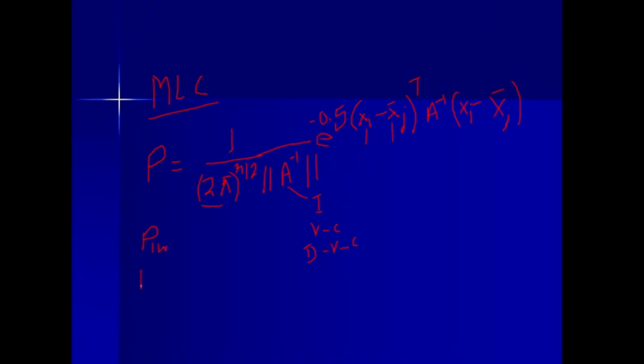Then for agriculture you can get P1 for agriculture, and then for the first pixel for class forest. So you get the probability of 3 classes, water, agriculture, and forest, for pixel 1, and whichever probability is maximum, that label is given. Please remember, we are calculating the probability of each pixel belonging to a particular class. If the probability of water is maximum for the first pixel, the first pixel will be labeled as class water. This is the maximum likelihood classifier.